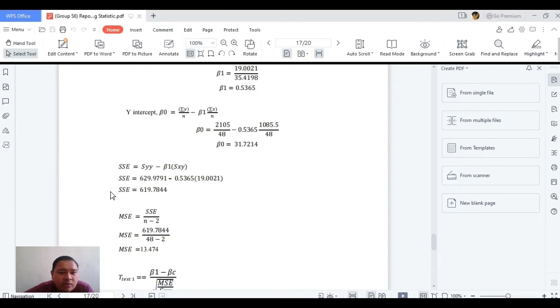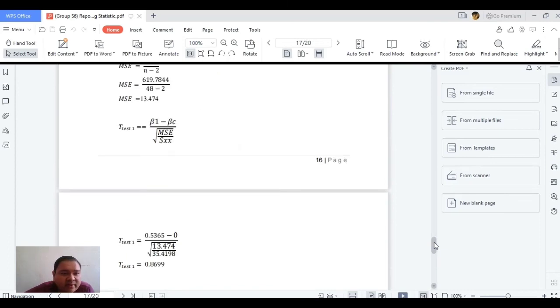So SSE equals 629.9791 minus 0.5365 times 19.0021. SSE equals 619.7844. For the MSE, SSE over n minus 2, so 619.7844 over 48 minus 2, which is 46. We will get 13.474.